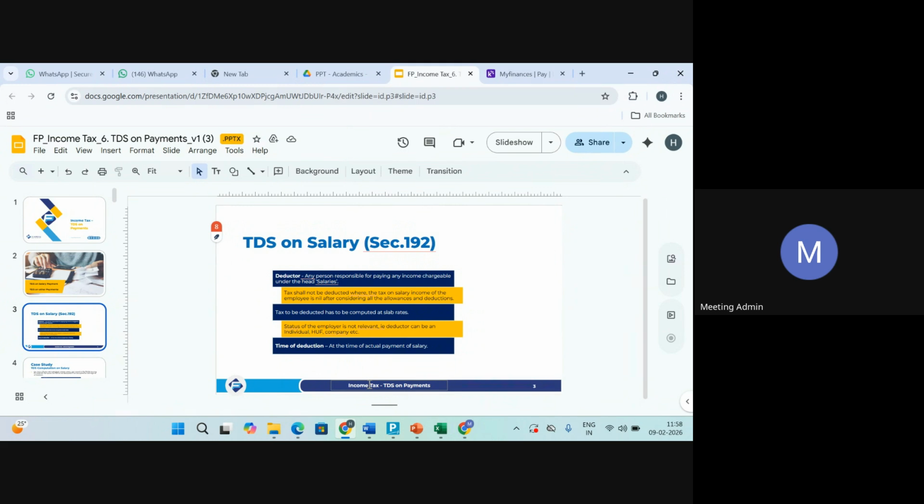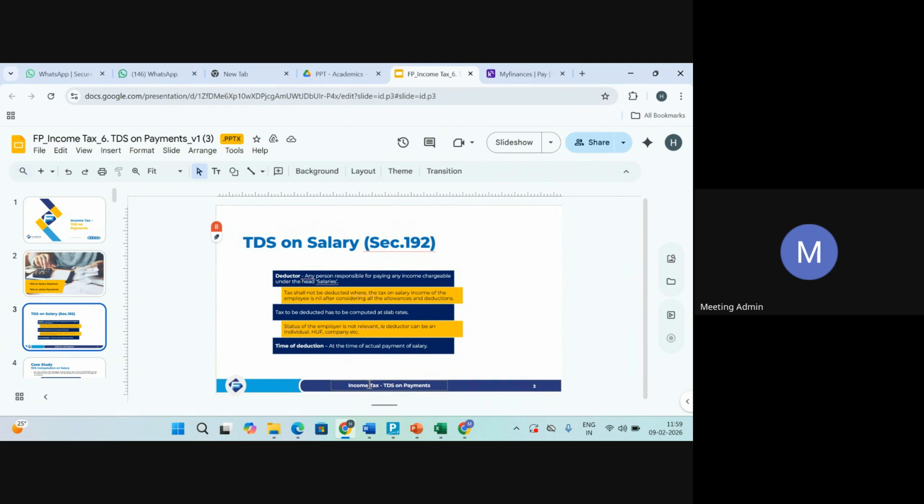That is also possible. Tax shall not be deducted where the tax on salary income of the employee is nil after considering all the allowances and deductions. If you get nil after that, obviously your tax is not going to be deducted.